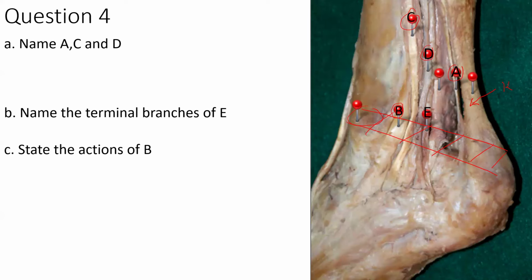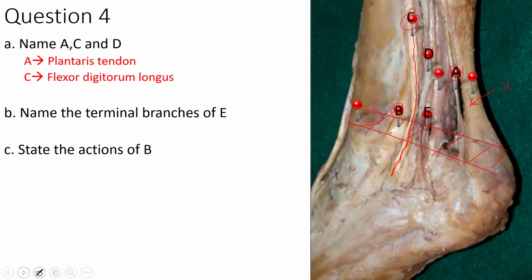Structure C here, if you follow C keenly, it's this structure just posterior to B. It's the second structure within the tarsal tunnel after B, and that second structure is the flexor digitorum longus, not the flexor hallucis longus.